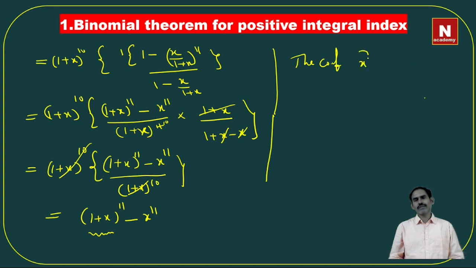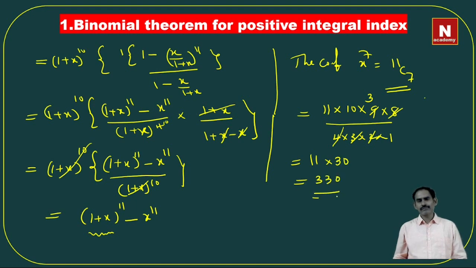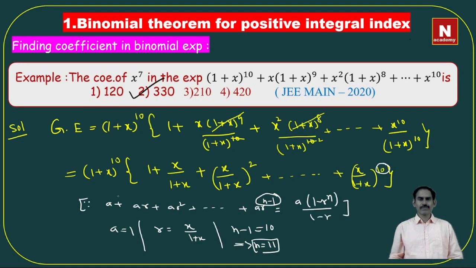The coefficient of x power 7 equals 11c7. So 11c7 is 11 into 10 into 9 into 8 by 4 into 3 into 2 into 1. 8 cancels 3 times, so 11 into 30, the answer is 330. So the second option is the correct option.